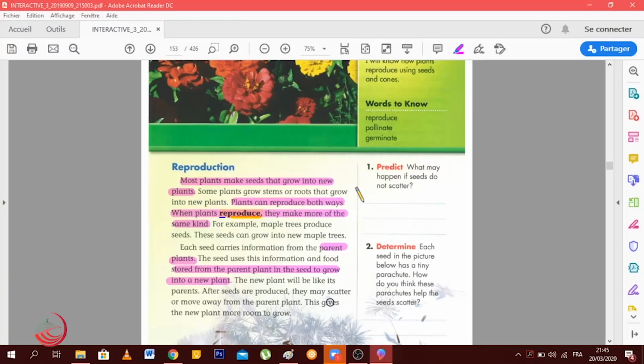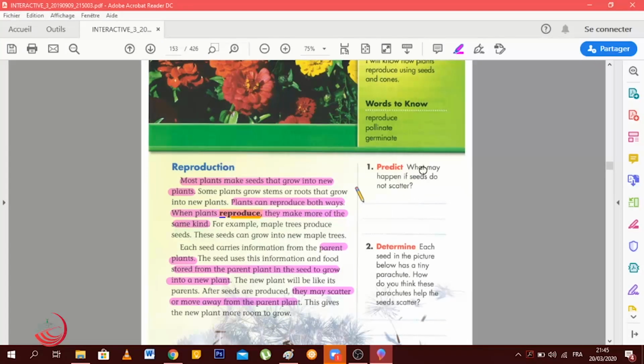So when the seeds are produced, they may fly away from the parent plants, so they can grow in another place, okay? They can just fall beside the parent plant and grow beside it, but they can also fly away and scatter away and grow in a faraway place.